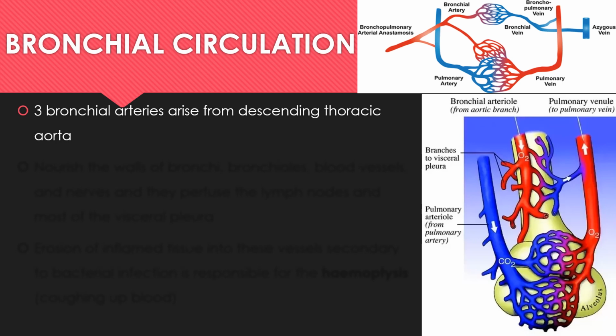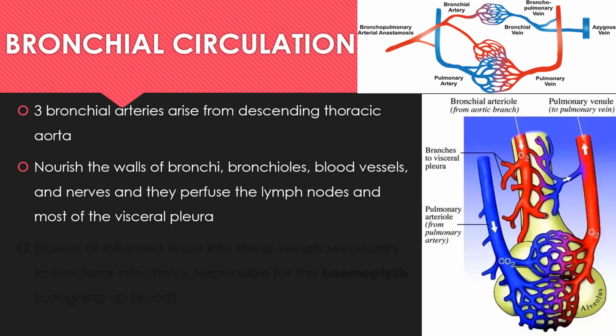It receives it from the descending thoracic aorta, through the bronchial arteries, three arteries: two on the left and one on the right. This bronchial blood flow is about 1 to 2% of total cardiac output.